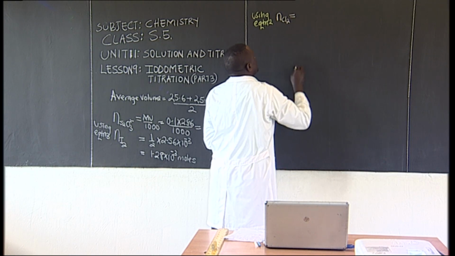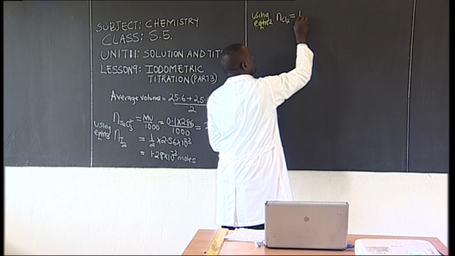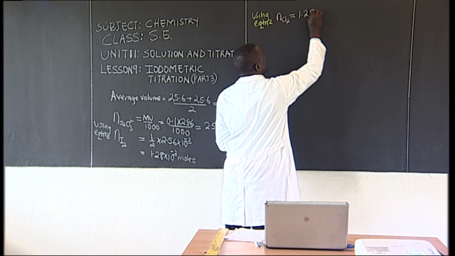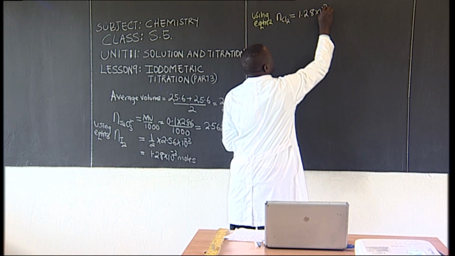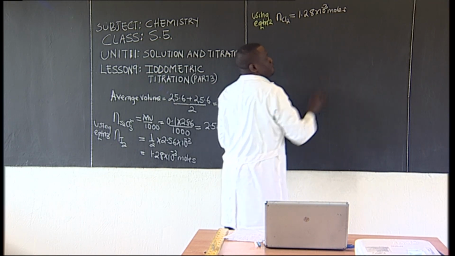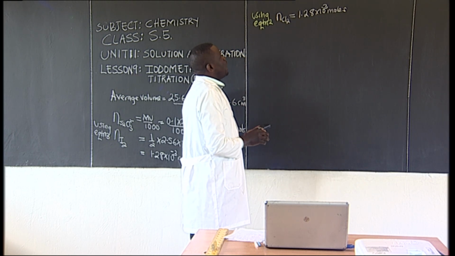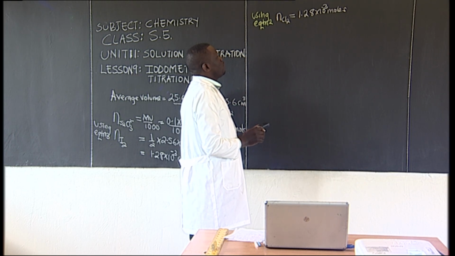Because the mole ratio is 1:1, the moles of chlorine will also be equal to the moles of iodine. So we shall say equal to 1.28 times 10 to the power negative 3 moles. So this chlorine which has been given out is what we are going to concentrate on.